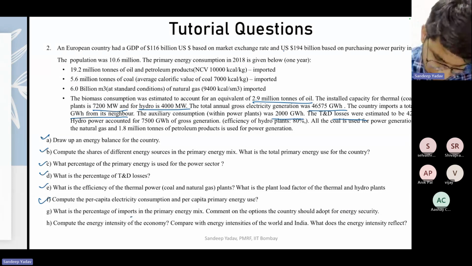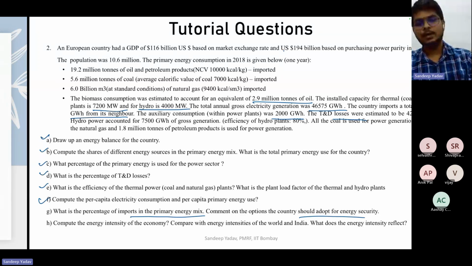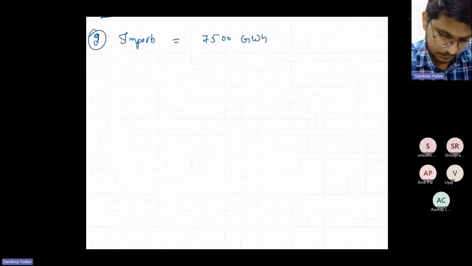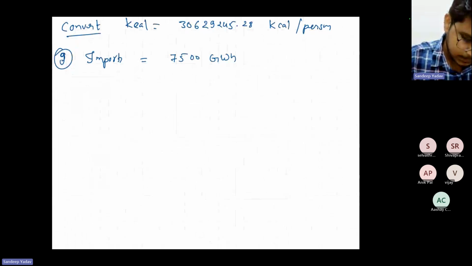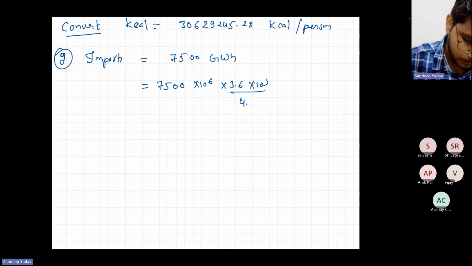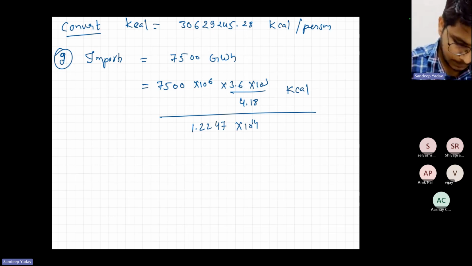Now what percentage of imports is in the primary energy mix? Comment on the options we should adopt for energy security. And the last thing is to compute the energy intensity for the economy. So that's an important thing. If you see here, net imports, if you convert that into kilocalorie, it is 10 raised to power 6 into 3.6 into 10 raised to power 3 on 4.18 kilocalorie divided by 1.2247, that is the total energy.